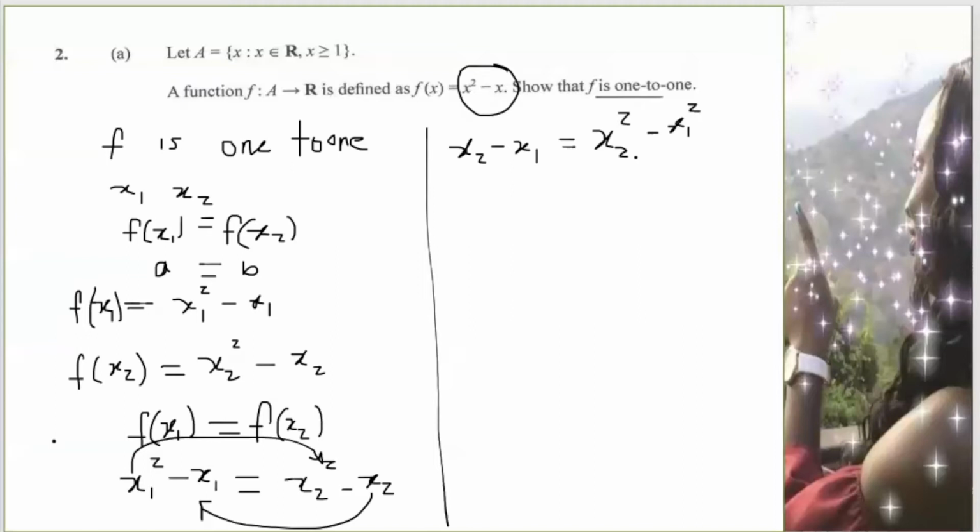Now, what I have here can be factorized using the difference of two squares, if you don't remember what that is, like a perfect square. So applying the difference of two squares, I will have x2 minus x1 times x2 plus x1.